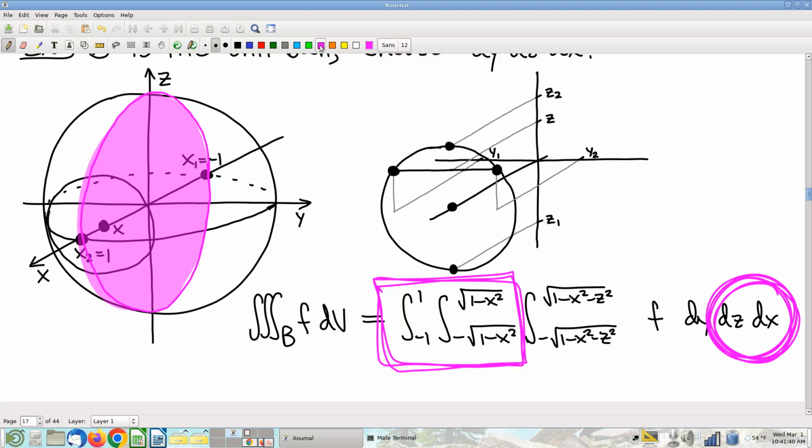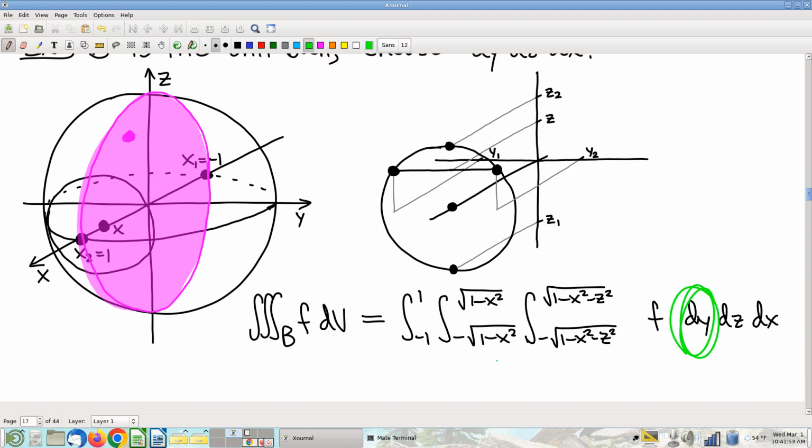That's our XZ projection. Now I'm going to think about a point in that XZ projection, and I need to know now what's the range of values of y on that XZ projection. And well, let's see here. It is going to have some first point back there and some last point over here.